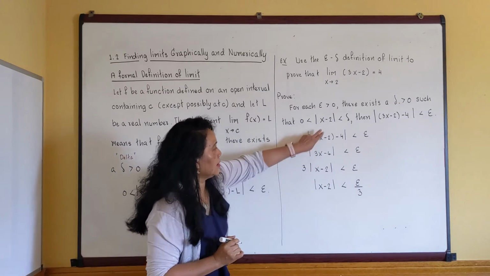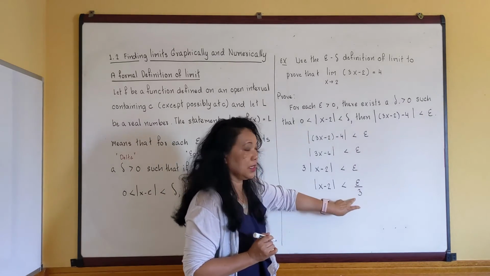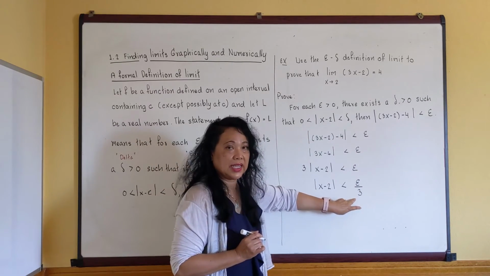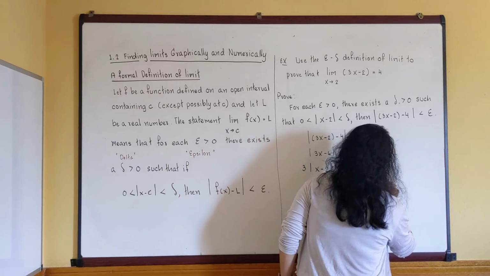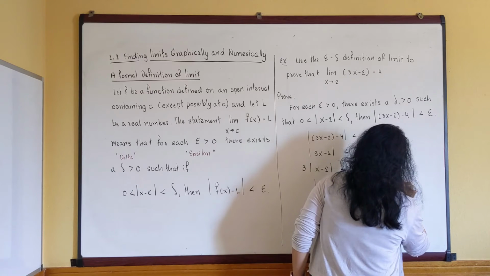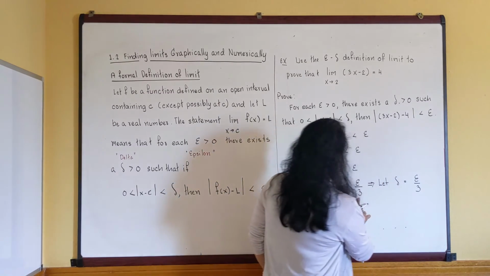Now I get this statement and I'm going to define my delta as equal to epsilon over 3. So I'm going to let my delta equal epsilon over 3.